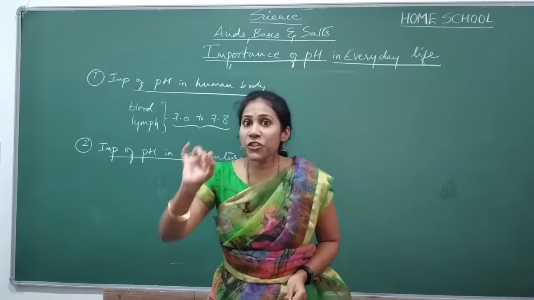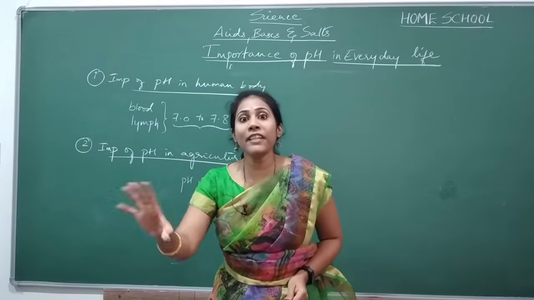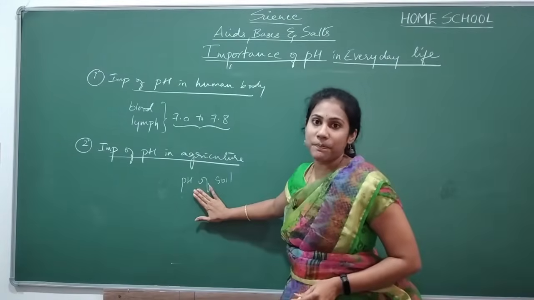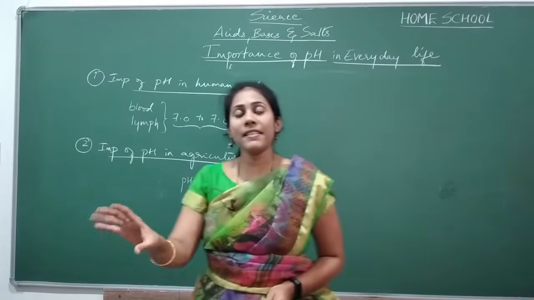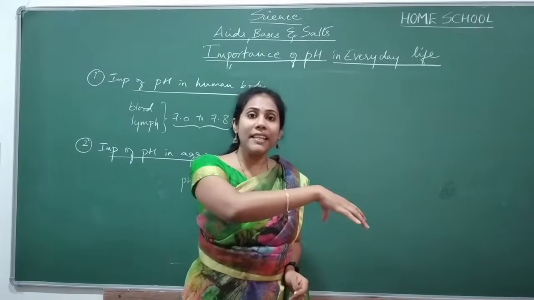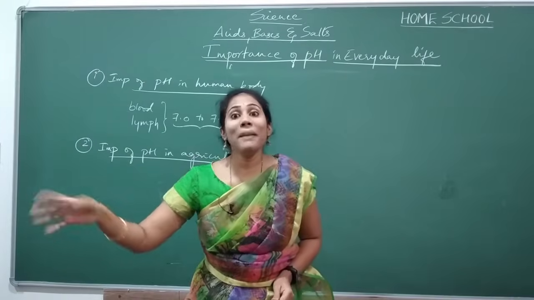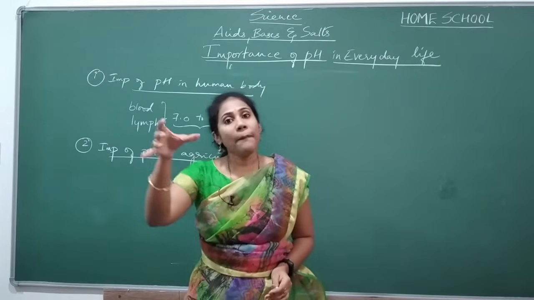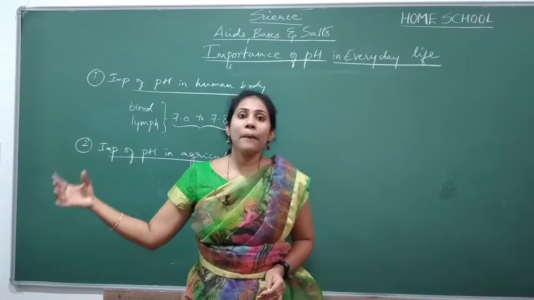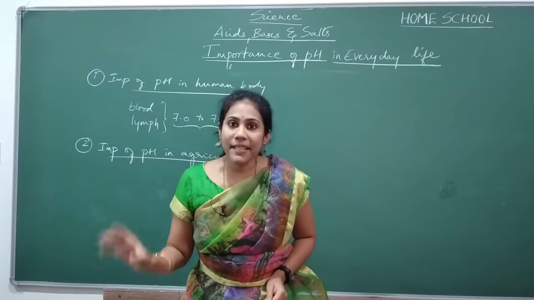See, which crop is to be grown in which soil is mainly decided by the pH. In some areas the pH of the soil will be basic in nature. In some areas the pH of the soil will be acidic in nature. Some crops are best grown in acidic soil, and some crops are best grown in basic soil.